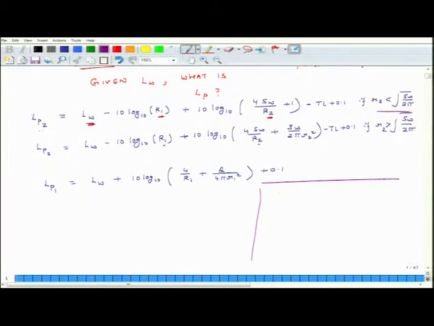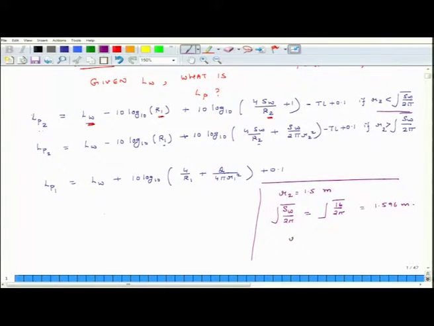So, R2 equals 1.5 meters and SW divided by 2 pi, and SW is the surface area of the wall. So, that is equal to 16 divided by 2 pi, and that is 1.596 meters. Okay.